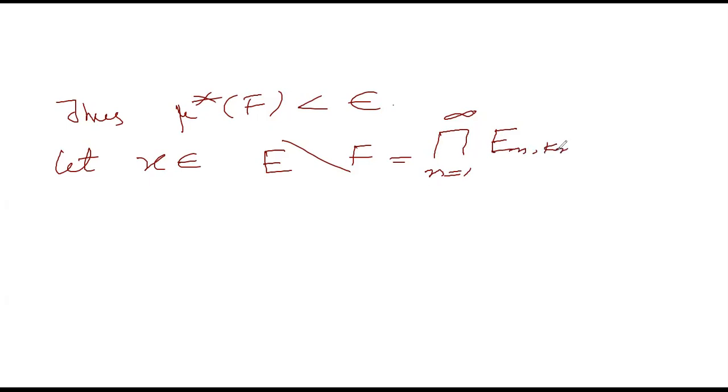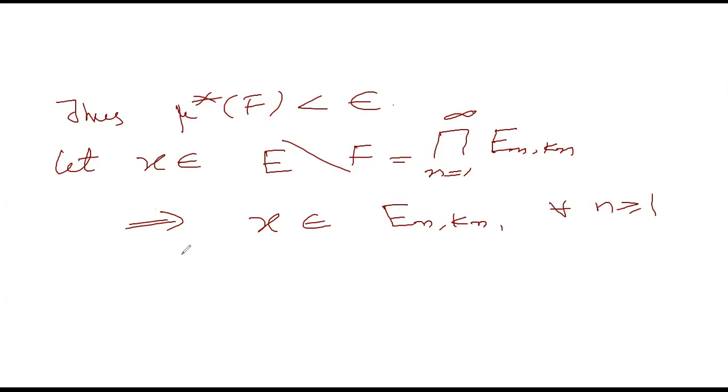So x belongs to the intersection, which implies that x belongs to E_n Kn for all n greater or equal to 1.